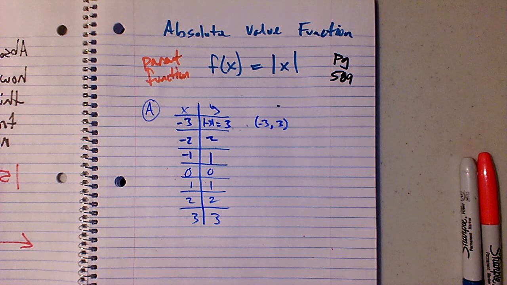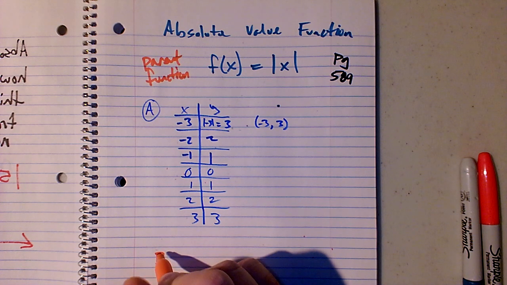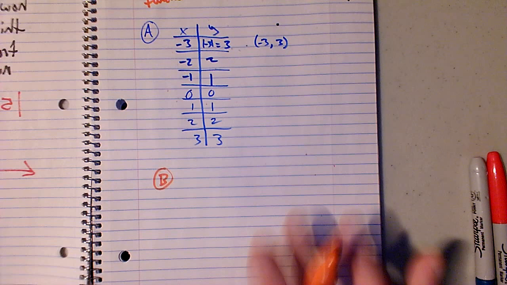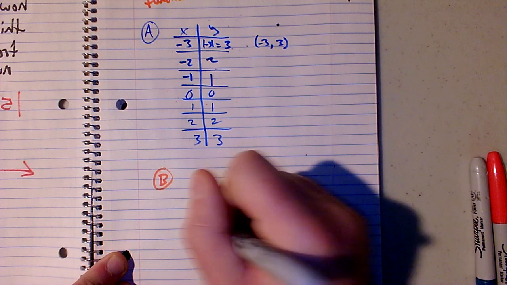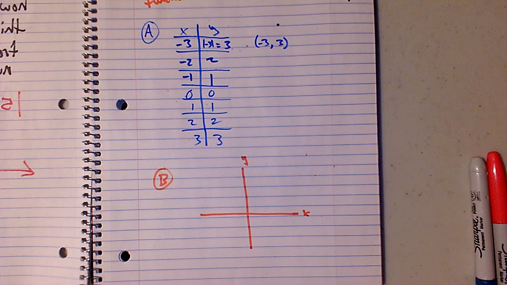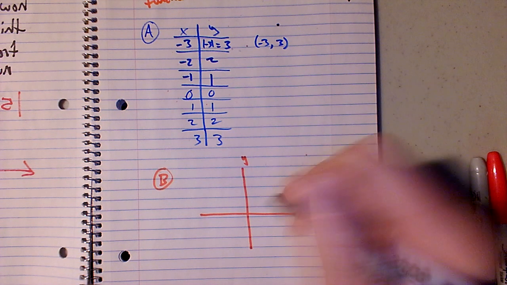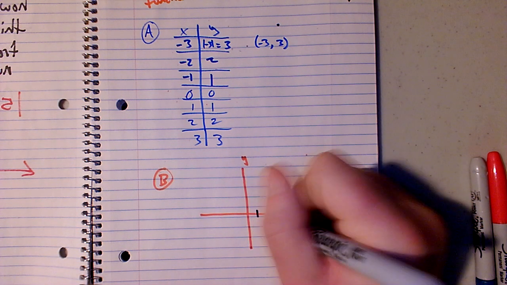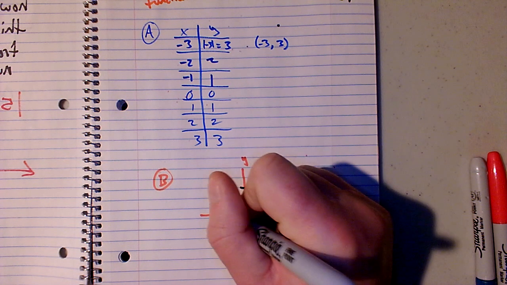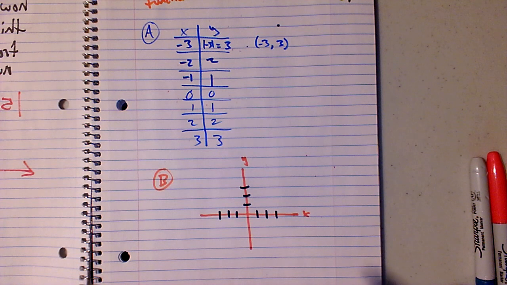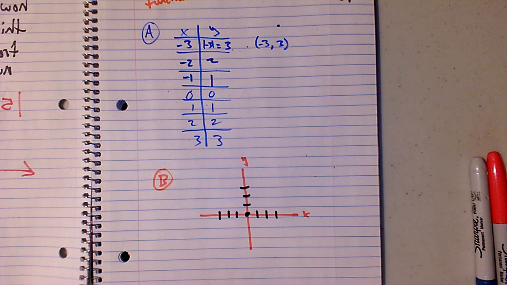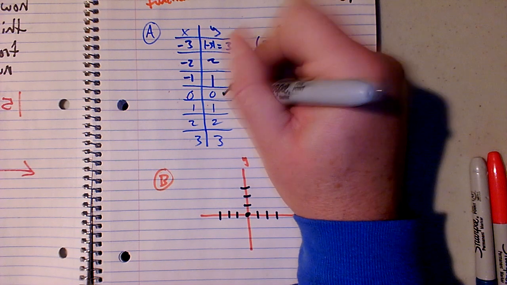Part B, we want to graph this parent function. So here's my x-axis, here's my y-axis. I have a point at the origin, 0, 0, right here.